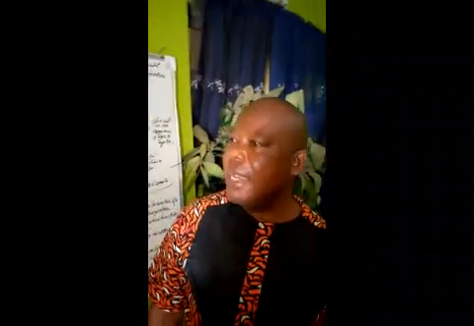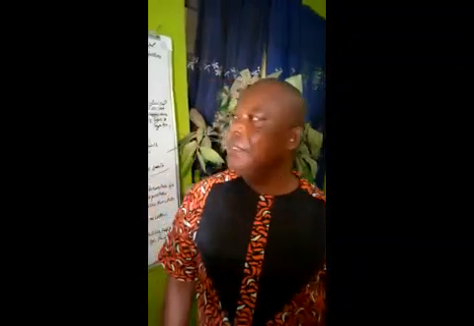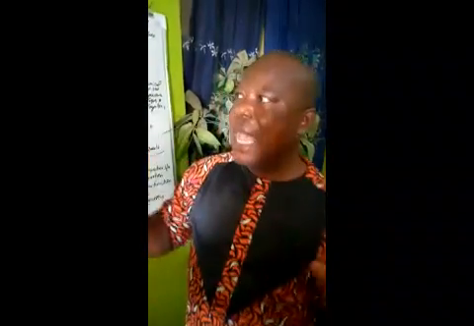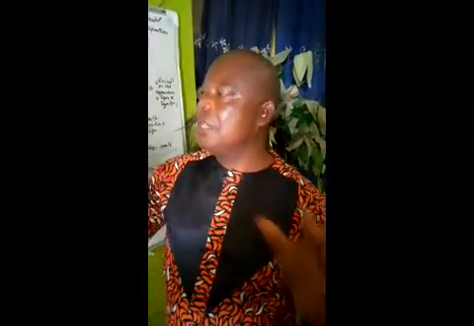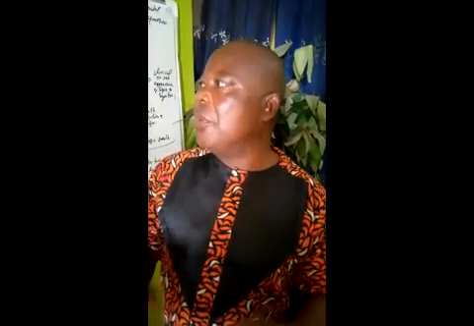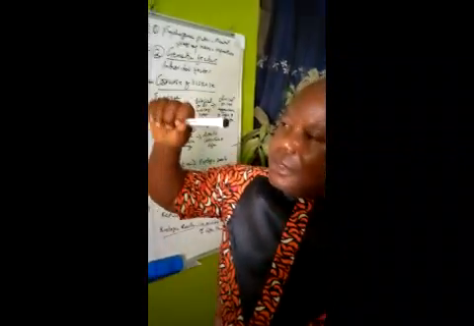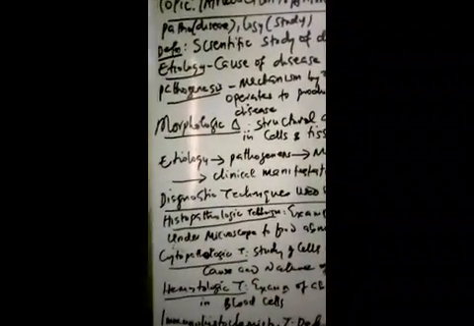Pathogenesis is the mechanism by which disease operates to produce signs. Pathogenesis, mechanism by which disease operates to produce what? Signs, or what people call symptoms. Morphologic change is structural changes in the cells and tissues.